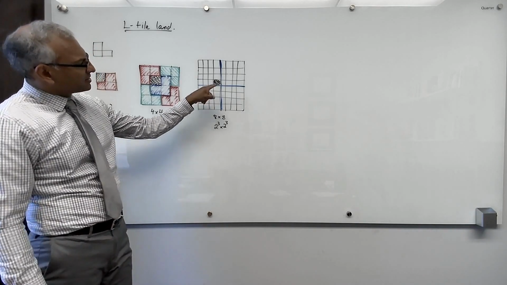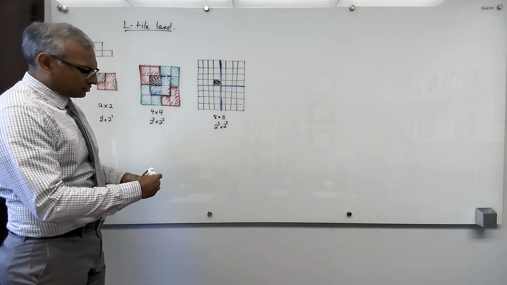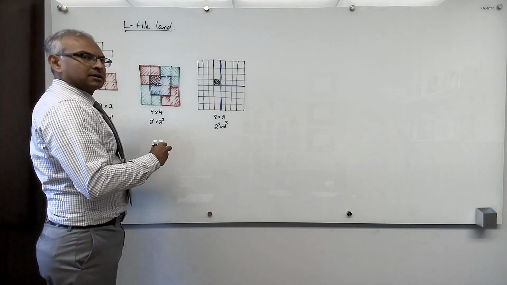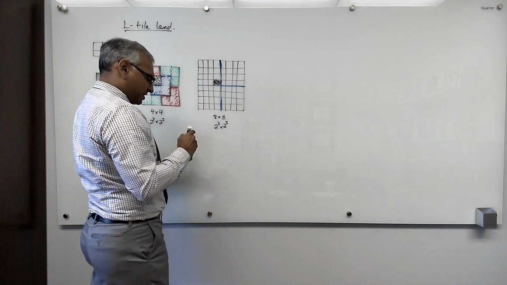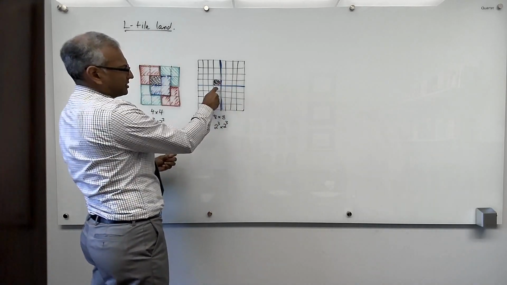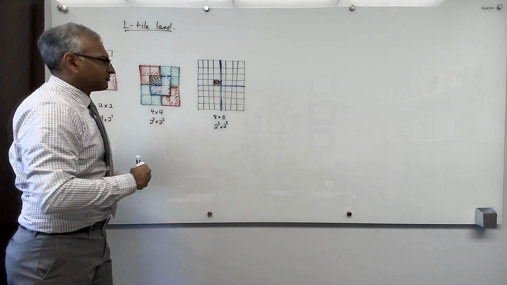And I observed that this center square will be in one of these 4 by 4 grids. And so what I'm going to do is place one L tile to cover the 3 squares that are in the other 4 by 4 grids.